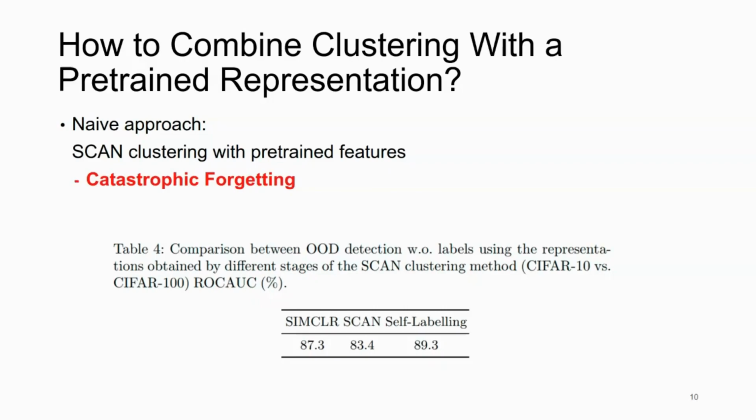But there is some problem to it, which we can see in the table below. When we apply the second method of SCAN, the classifier learning, actually the ability of our features to describe our normal train set and to differentiate between normal test samples and anomalies deteriorates.